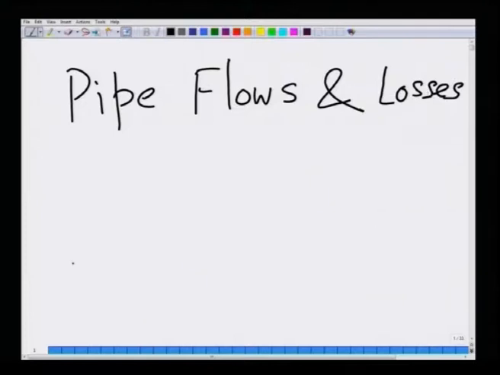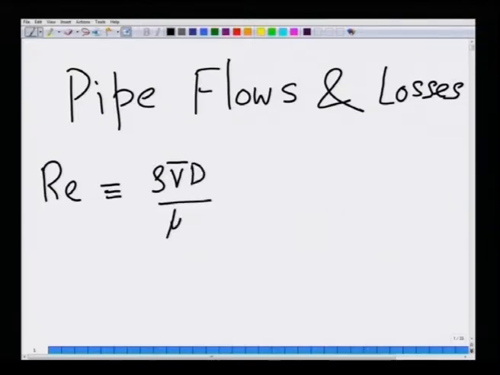When the flow is in the laminar regime in a pipe, that is when the Reynolds number, which is defined as the density of the fluid times the average velocity of the fluid times the diameter of the pipe divided by the viscosity of the fluid, is less than around 2000, then the flow is laminar.